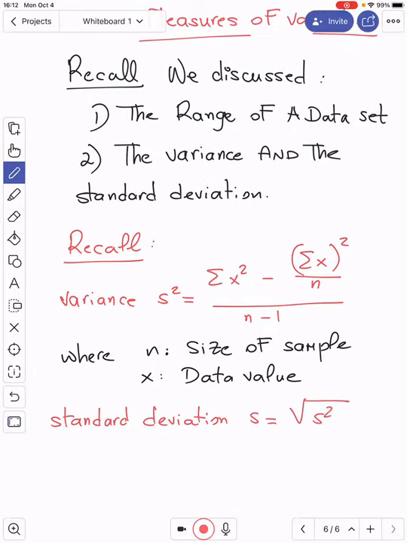So what you need to keep in mind, guys, is that if the standard deviation is small, it means that the spread of the data values around the mean is small.